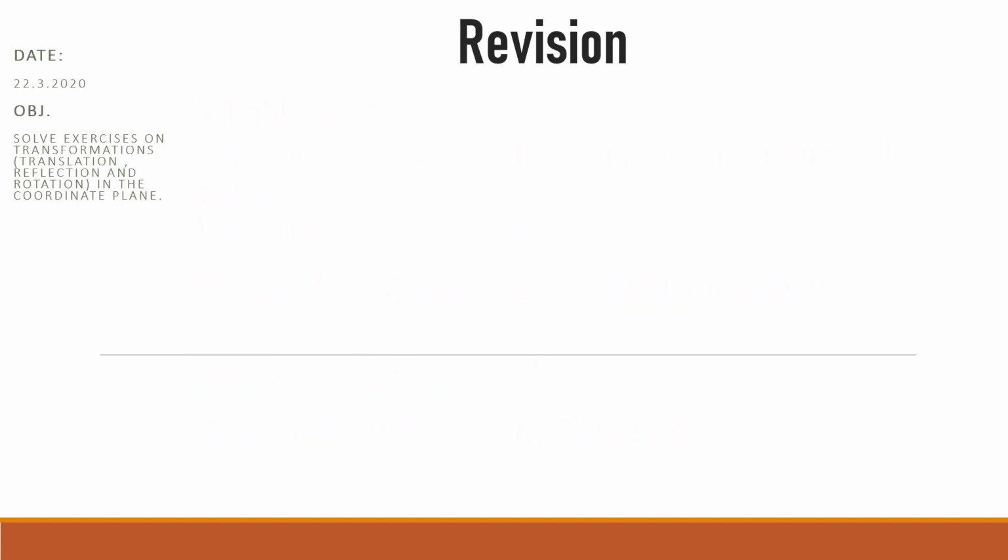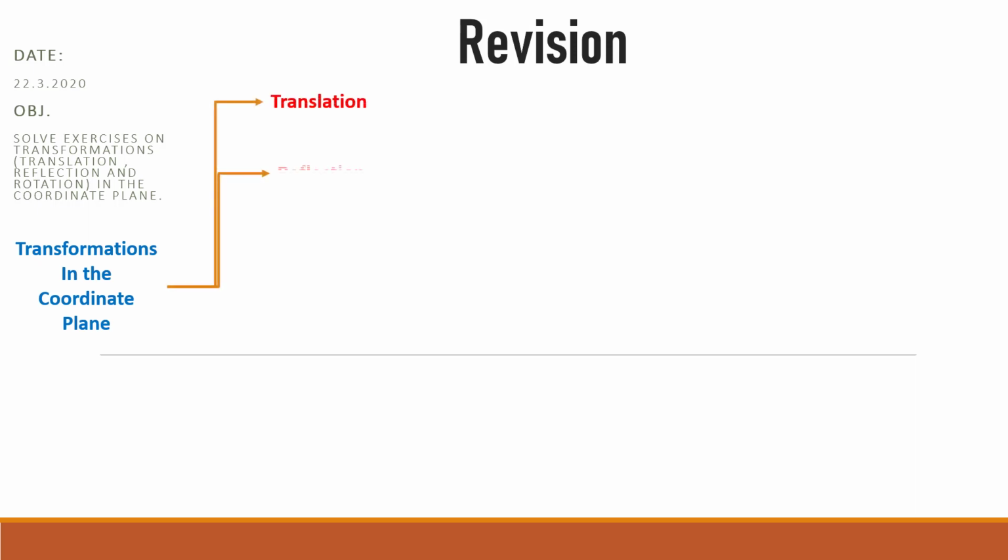And now let's summarize what we know about transformations in the coordinate plane. We have three types till now. The first one is translation, second is reflection, and of course rotation. So in translation, if we have translation 5 units right and 3 units up, we are going to add to x 5 and add to y 3.